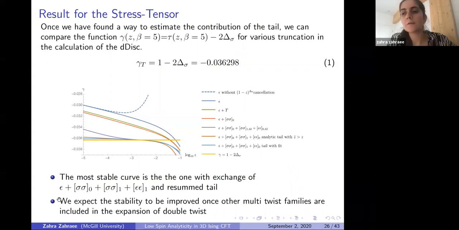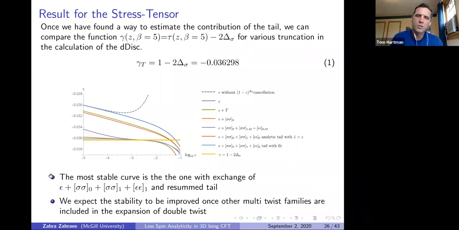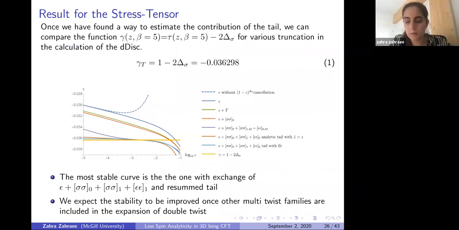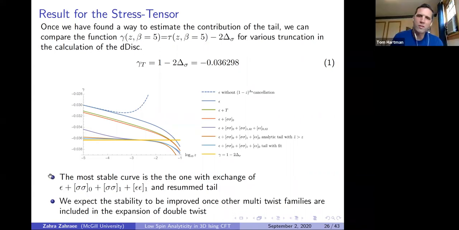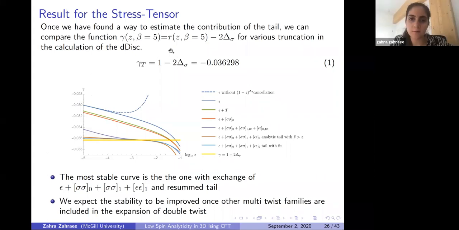Fitting the Regge curve, sorry, what was the other method you suggested? Can you repeat it? If you pretended you didn't know about the stress tensor, and took all the other operators in the stress tensor family, then you would get some function for the dimension as a function of spin. Tau as a function of beta, basically. Right. Yeah.